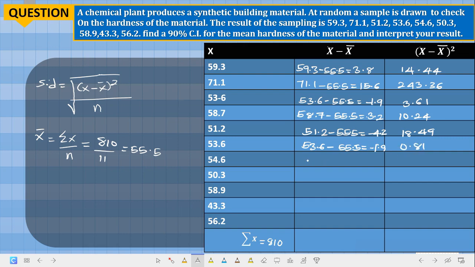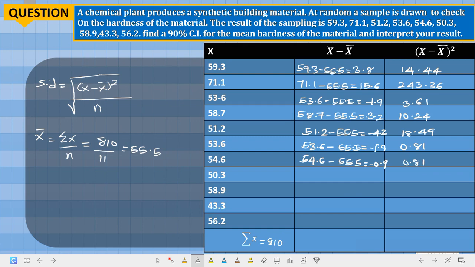The next one is 54.6 minus 55.5. We are subtracting from the mean, and this will give us minus 0.9. When you square this, minus 0.9 squared will give us 0.81.